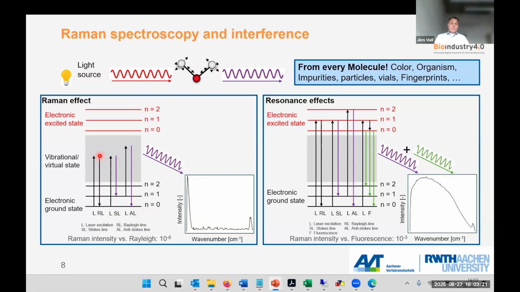In principle, we would get scattering from every molecule, from every bond that is included in the molecule. However, it depends on whether the change of the dipole moment, the polarization, is related to the molecular structure. That determines whether it's a weak or a strong Raman scattering molecule.